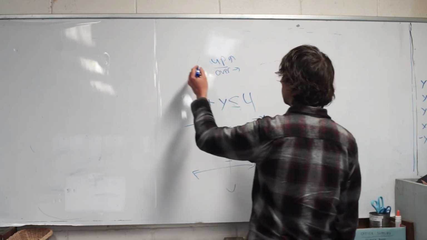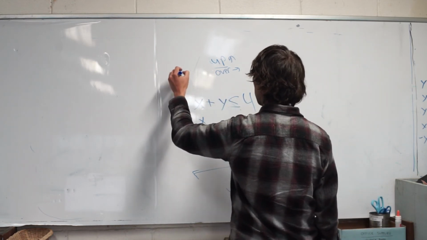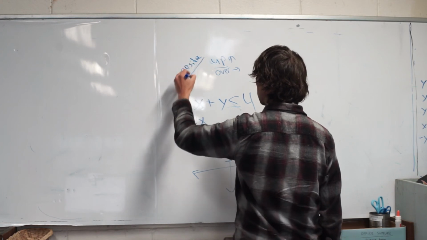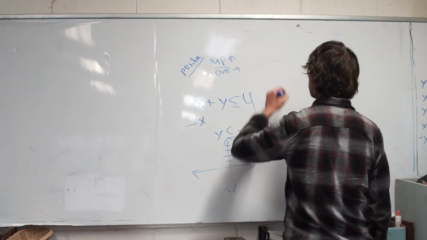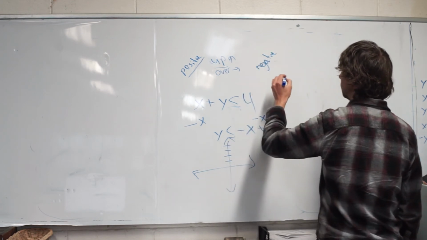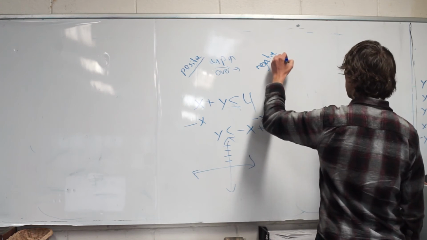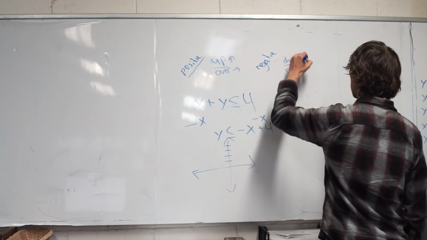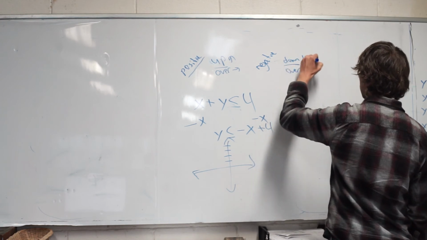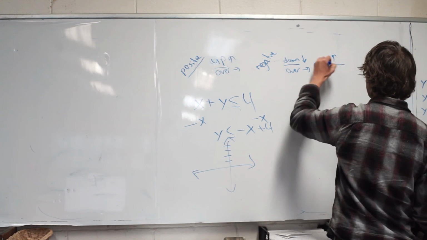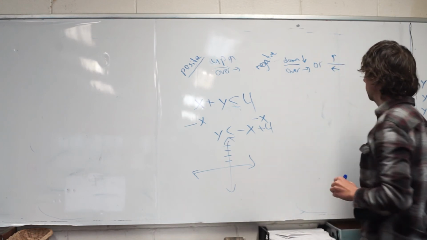So here, I'll write for you. Positive slope is up and over. Negative slope is down, over, or up and over the other way.